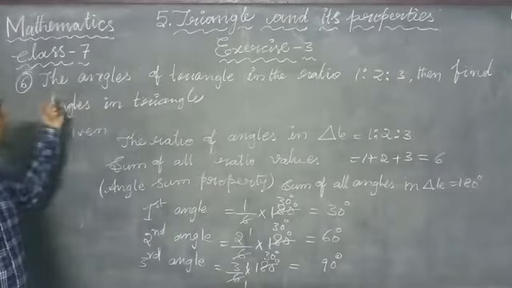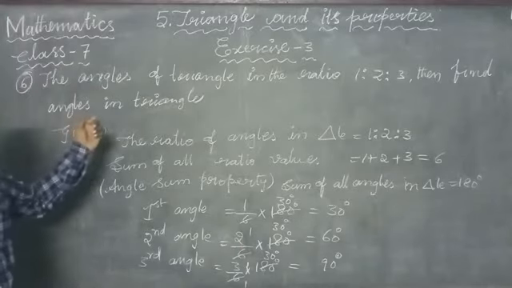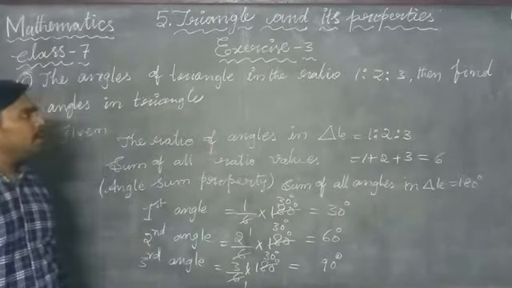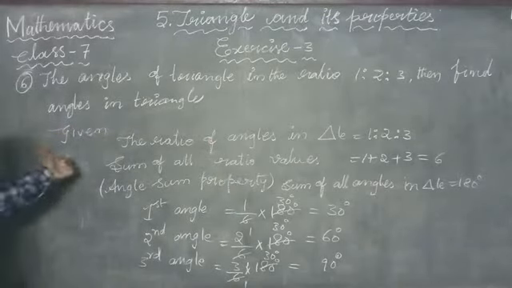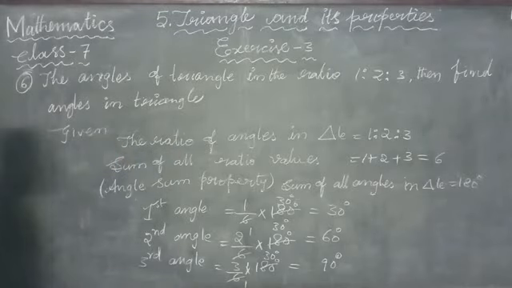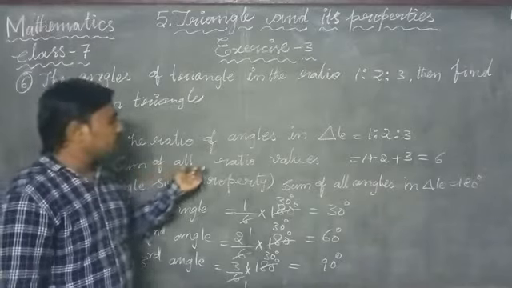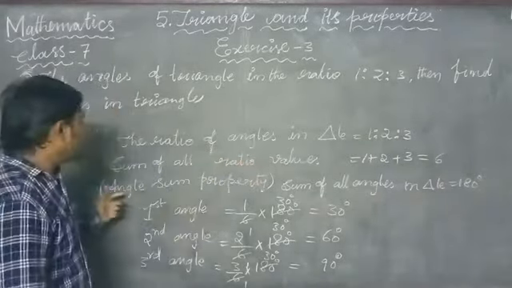Once again, the angles of a triangle are in the ratio 1:2:3, then find the angles in the triangle. They have given the ratio of angles in a triangle as 1:2:3. Then the sum of all ratio values is 6.